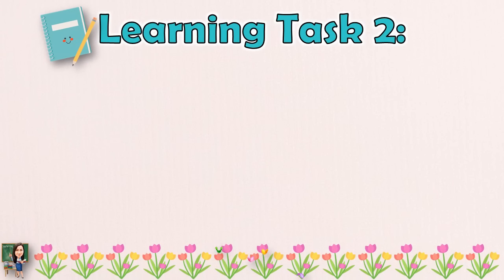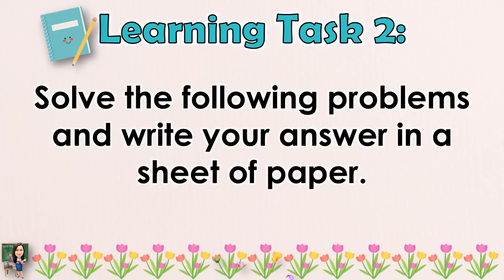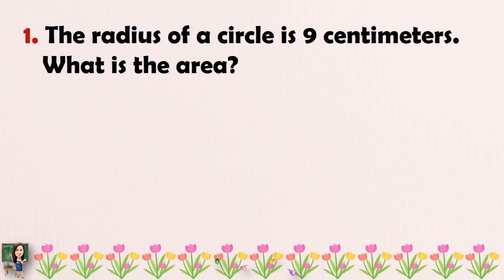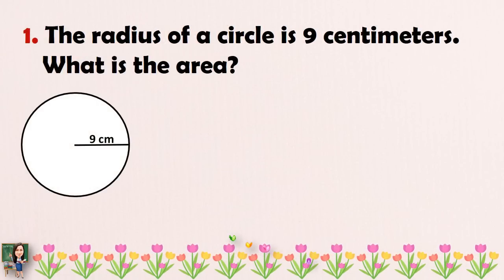And now, for learning task 2, solve the following problems and write your answers on a sheet of paper. Number 1. The radius of a circle is 9 centimeters. What is the area?